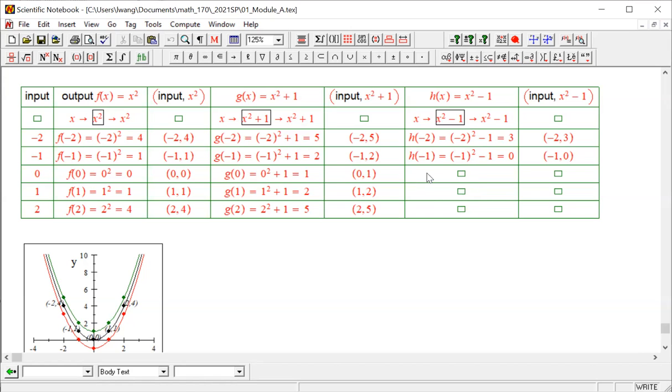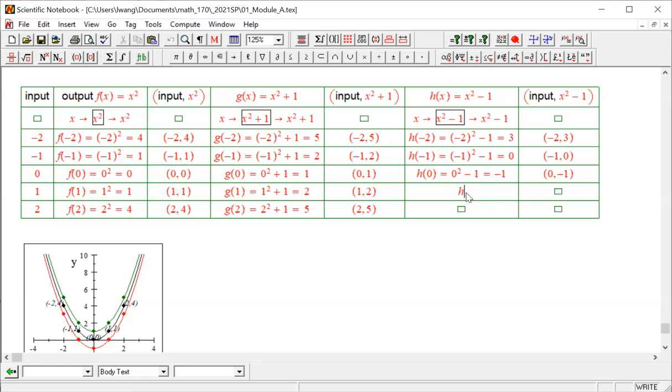Now for 0, it's going to be 0 squared minus 1. It's -1. Same input 0, the output is 1 less. So for input 0, output is -1.